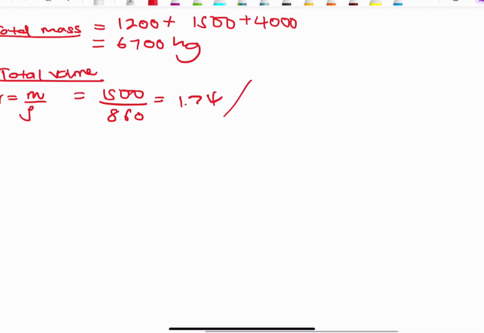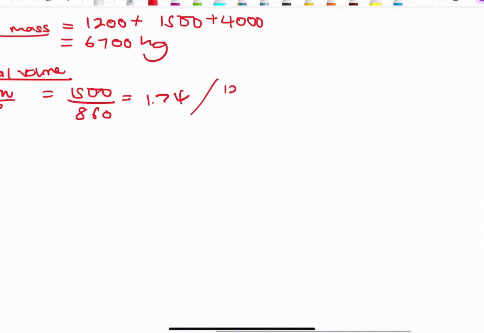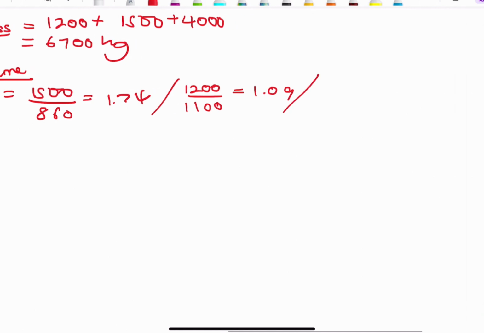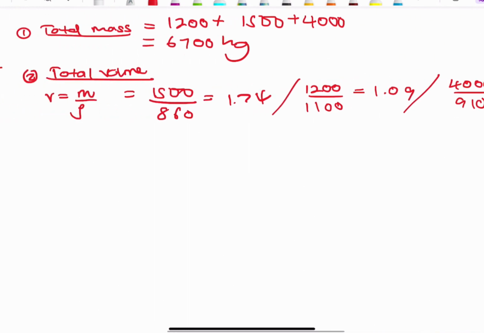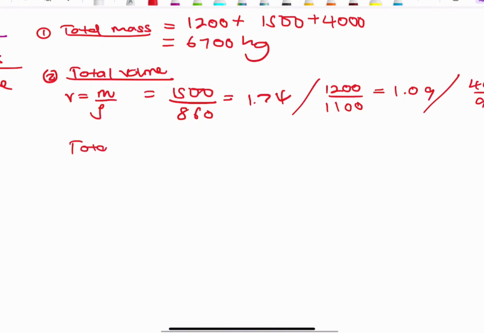The next one is going to be 1,200 divided by 1,100. That's going to be about 1.09. The next one is going to be 4,000 divided by 910. That's going to be about 4.40, right? So the total is going to be 4.40 plus 1.74 plus 1.09.